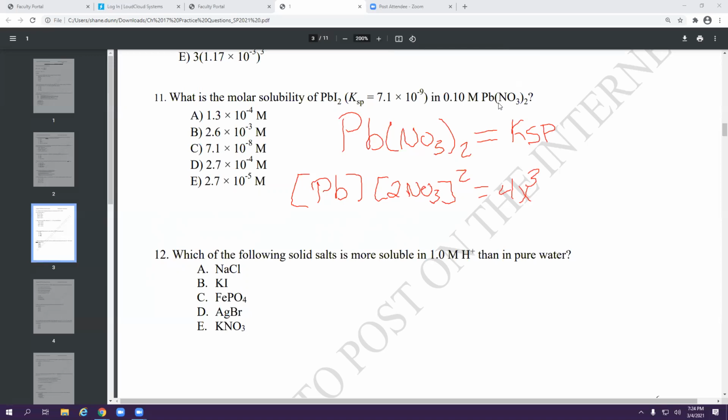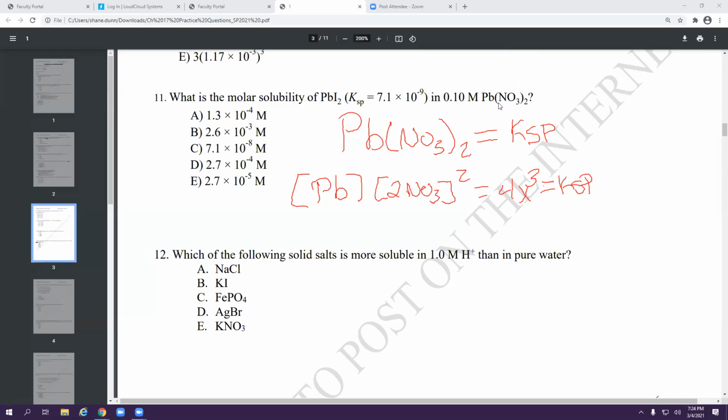Is that making sense so far? 4x to the third, and that's going to equal Ksp. Solve. These are the ones I didn't solve because my calculator, again, it's a dollar store one, doesn't have the right components to compute some of these questions. So you guys can tell me what the answer is.